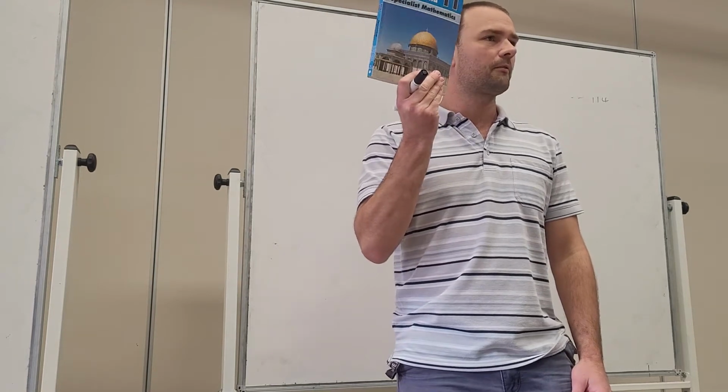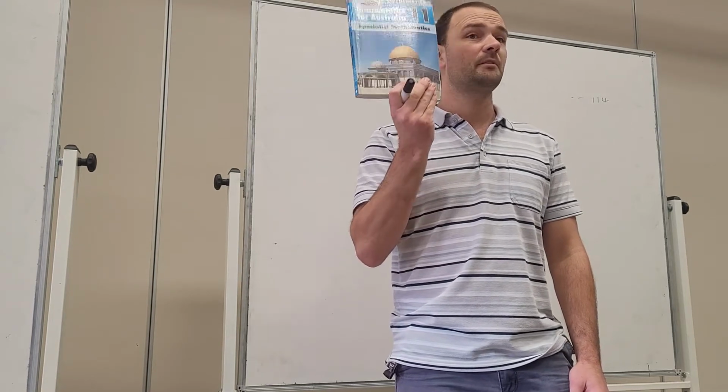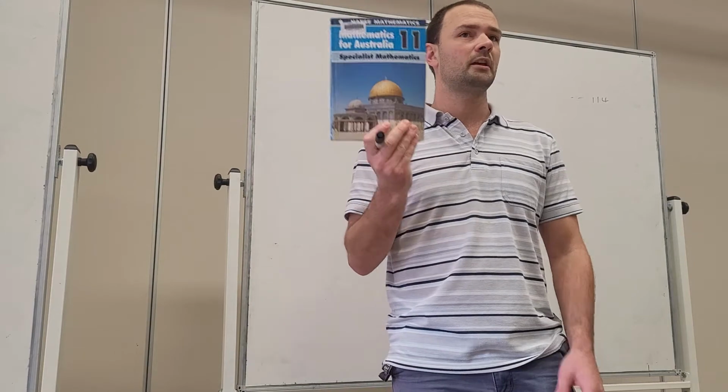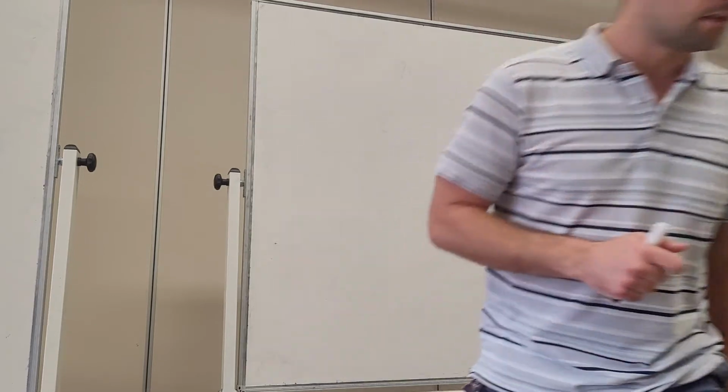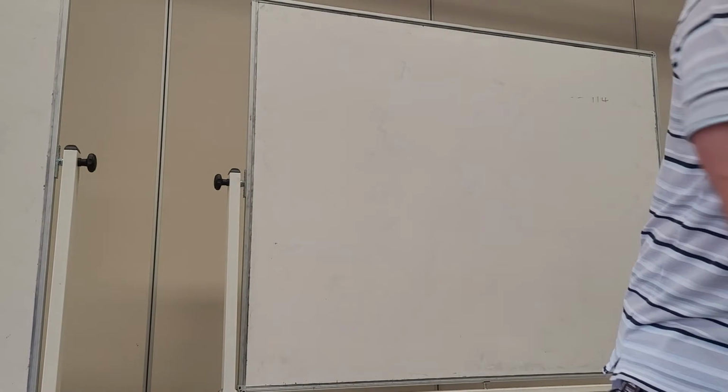So we're starting vectors. We are going to be working from our blue book. I understand some of you may not have brought that today. There will be an opportunity in a moment for you to go and grab it. Vectors is in chapter 3, so we're going to be working through chapter 3. There's a lot. It goes up to exercise 3L. It does start pretty easy, and I do think the maths involved in this is quite easy as well.